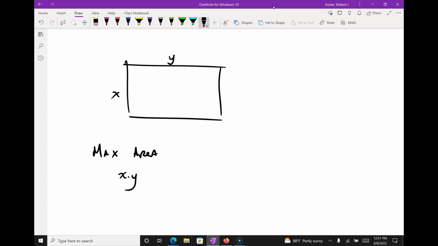And my perimeter is 2x plus 2y equals 100 meters, is what they told me. So from the question, or from the picture, I should get an expression that is going to be used to get my min or max, and an equation that's going to help me. An expression and an equation.